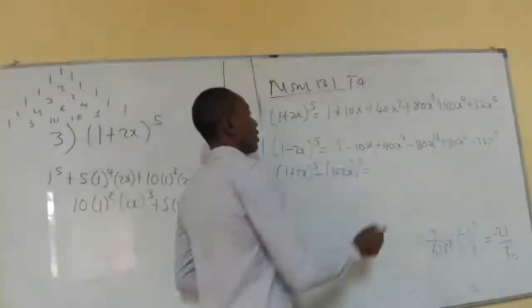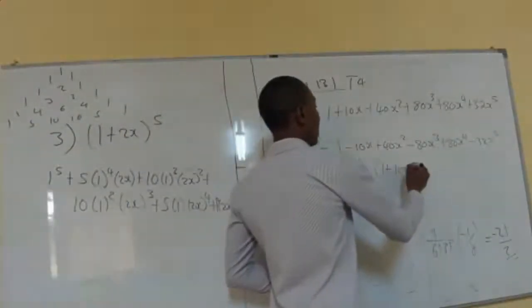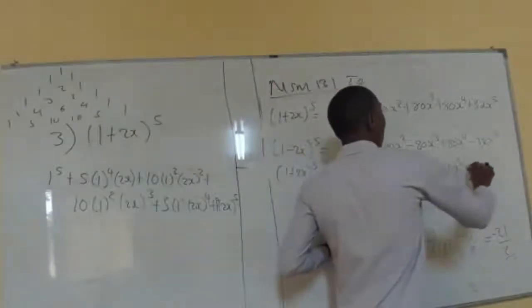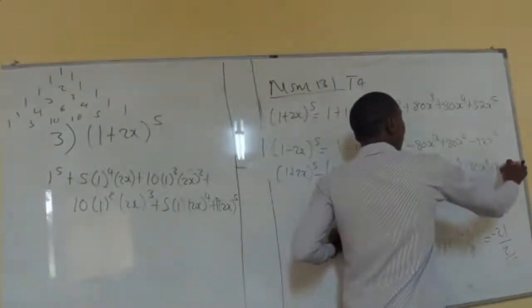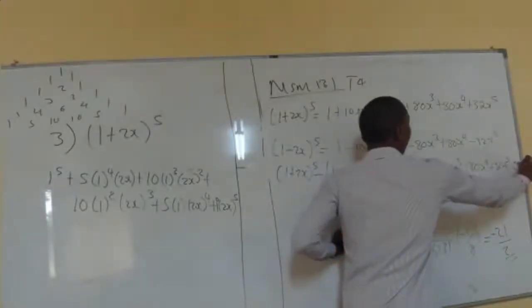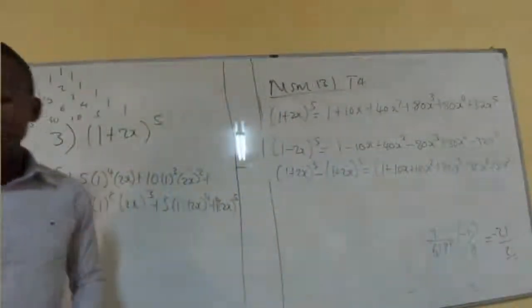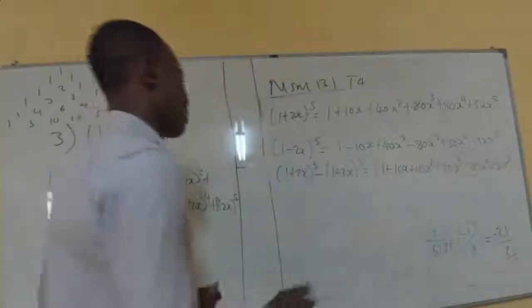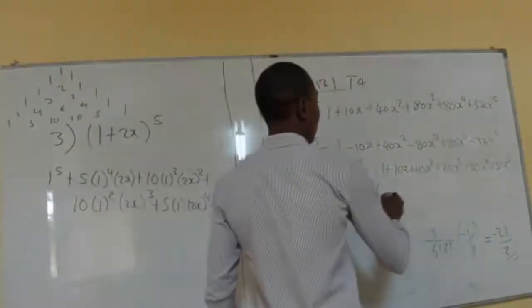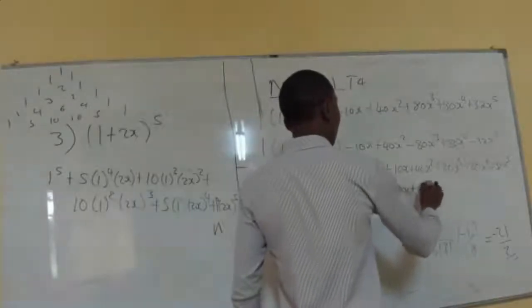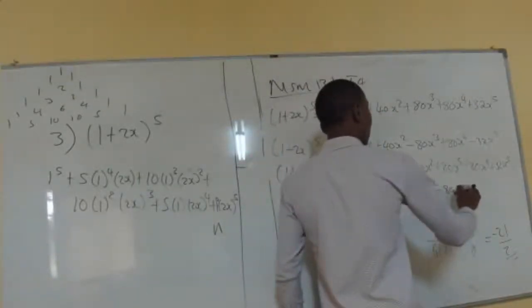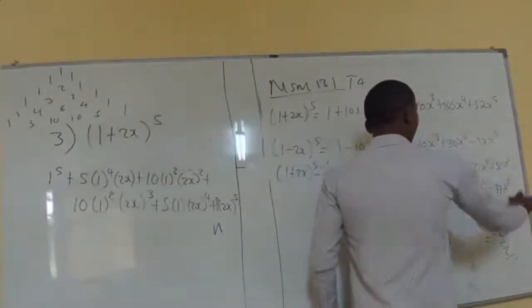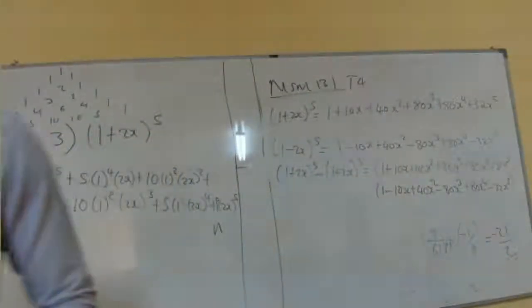So what we're going to have now is 1 plus 10x plus 40x squared plus 80x to the power 3 plus 80x to the power 4 plus 32x to the power 5, minus the second part, which is 1 minus 10x plus 40x squared minus 80x to the power 3 plus 80x to the power 4 minus 32x to the power 5. Alright.